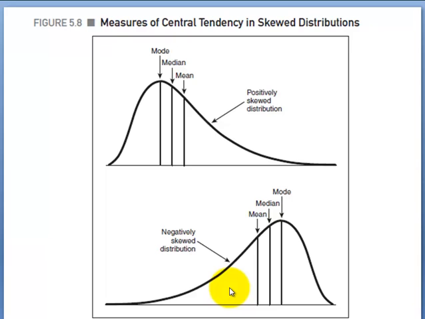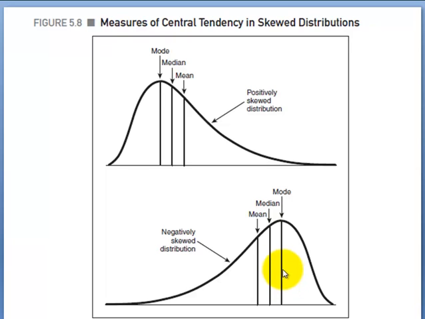In a negatively skewed distribution, the extreme values in the lower tail pull the mean in the direction of the tail. They pull the mean downwards. So the leftmost line in the negatively skewed distribution is our mean. And as always, the mode is located at the most frequently occurring value.